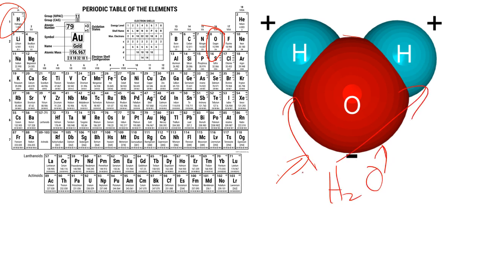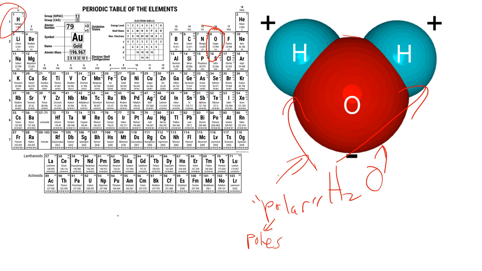Now, what's special about water is that it's something called a polar molecule, okay? When you see polar, just think about the poles, right? North and south poles. Polar just means that electrons are more attracted to one side. So basically, in water, oxygen likes electrons a lot more.